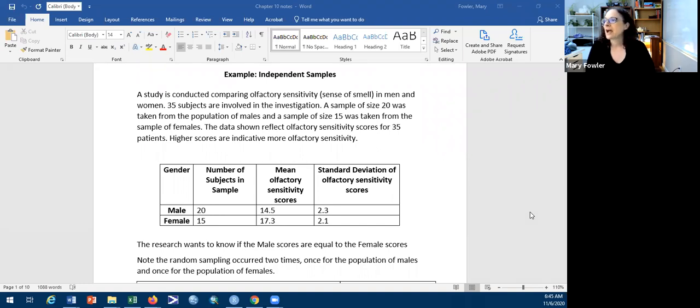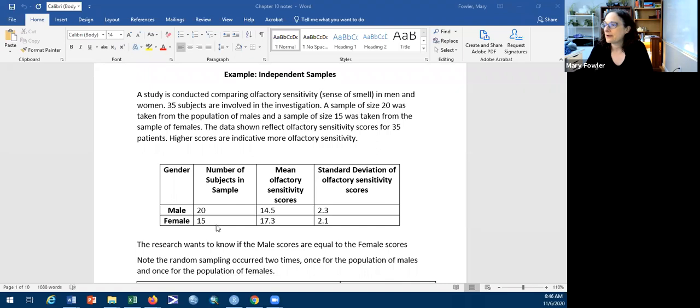A sample of size 20 was taken from the population of males, and a sample of size 15 was taken of females. The data shown here reflect the sensitivity scores for the 35 patients, where higher scores indicate more olfactory sensitivity, so easier to smell.